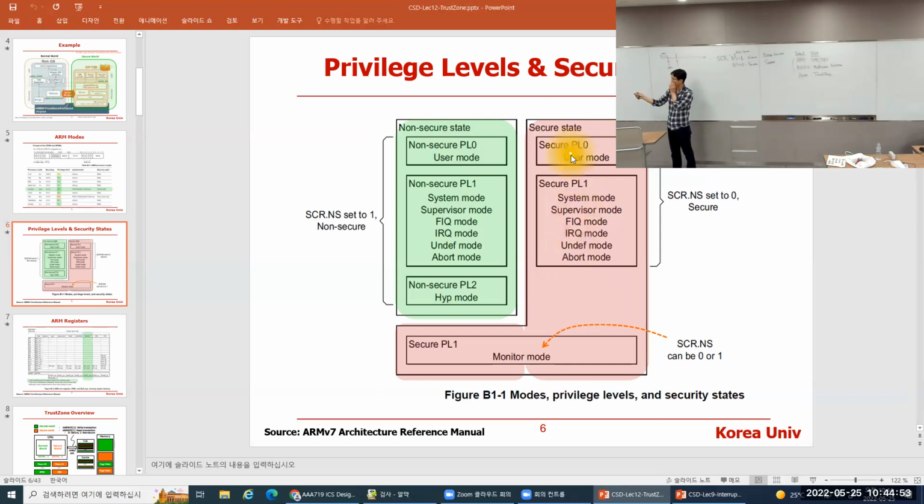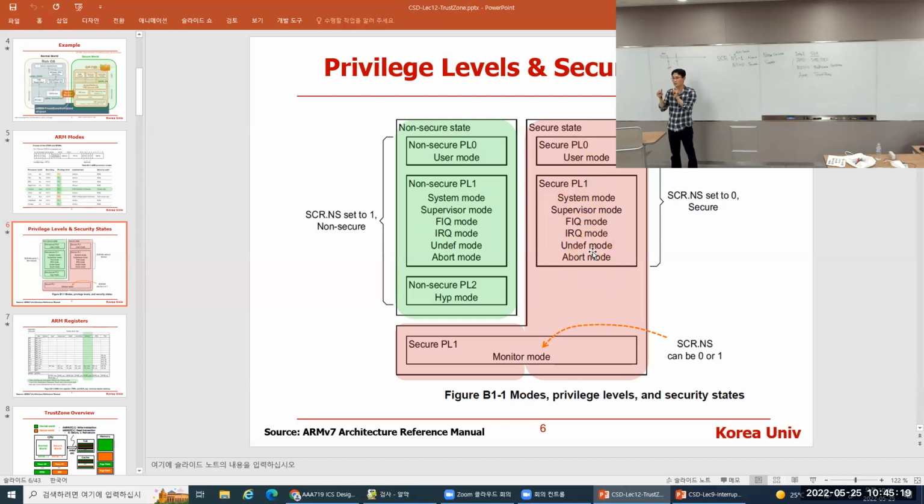Even in secure world, you need to have this kind of operating mode. Think about your secure state, secure world. To run an operating system, you need interrupts, so you need IRQ mode and FIQ mode. While you are running applications and an operating system in secure world, you may run into some problems, exceptional cases.